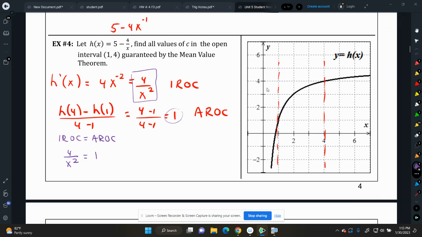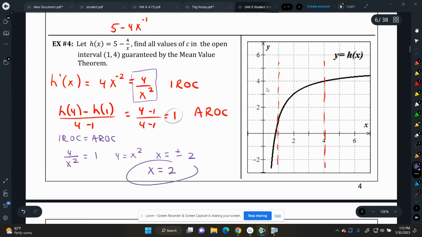Figure out which x values will give me that. So 4 equals x squared, so x is plus or minus 2. But of course, negative 2 is not on that interval. So x equals 2. That is the point on the interval from 1 to 4 guaranteed by the mean value theorem.